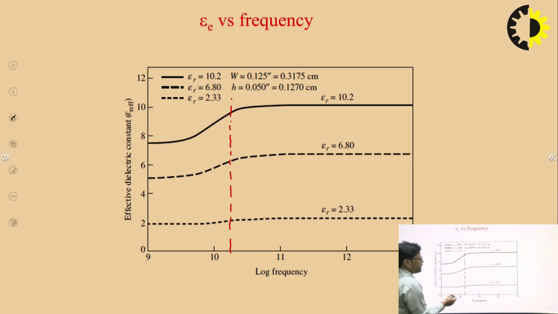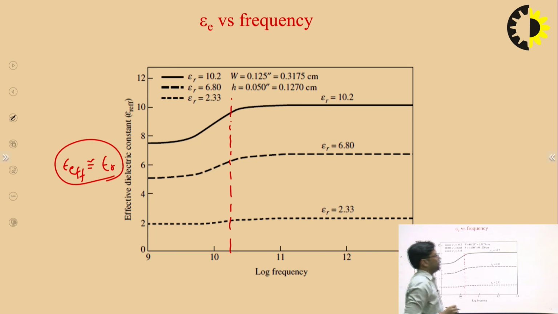So as you increase the frequency, the effective relative permittivity becomes equal to the relative permittivity of the medium, right? So this is the variation of effective relative permittivity versus frequency.